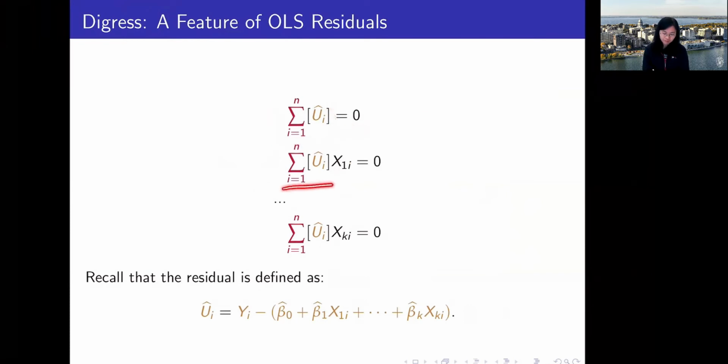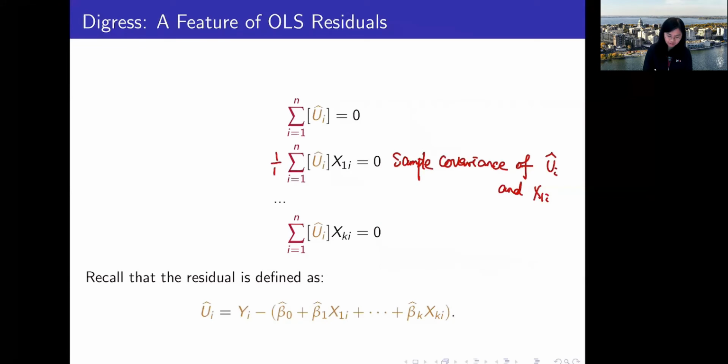And this, you can verify, is the covariance times n. That's the sample covariance between ui hat and x1i. So if you divide that by n, then it is the sample covariance.